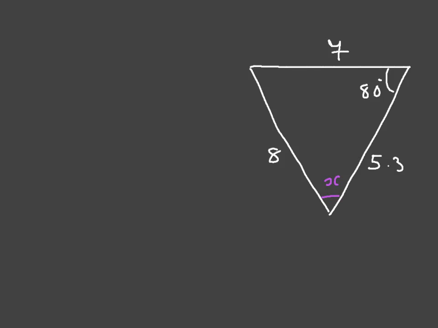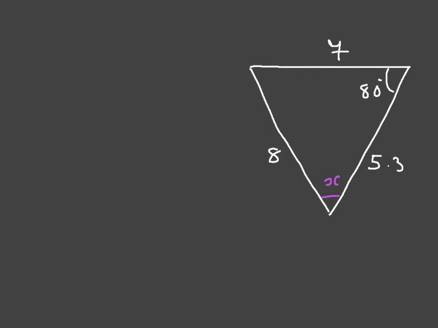Remember, we need a side length and its opposite angle, and the side length which is opposite the angle we're looking for. We're given the side length 8 and its opposite angle, 80. We're also given the opposite side length, 7, relative to x. This is looking good. We can definitely use the sine rule here.